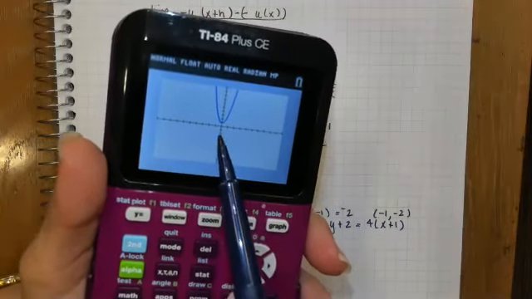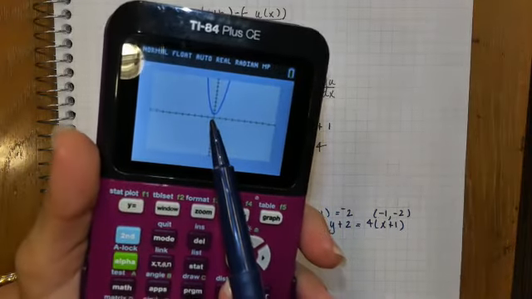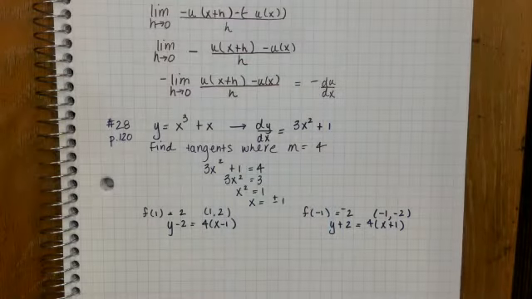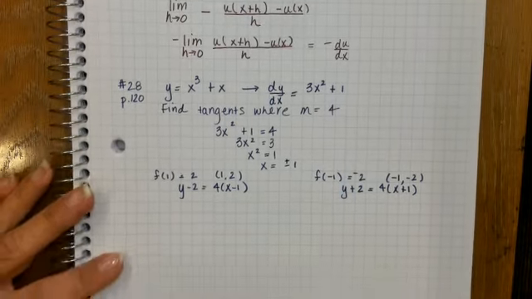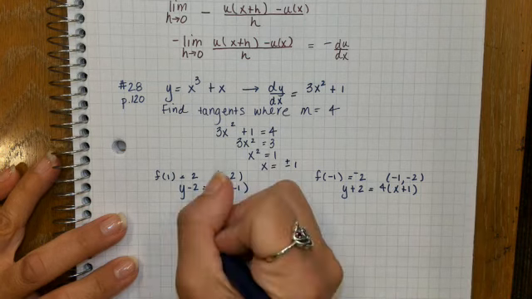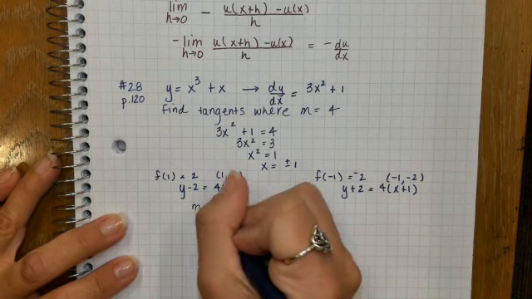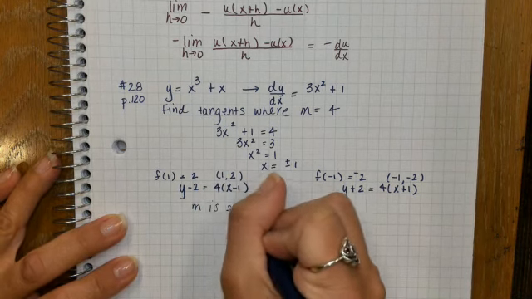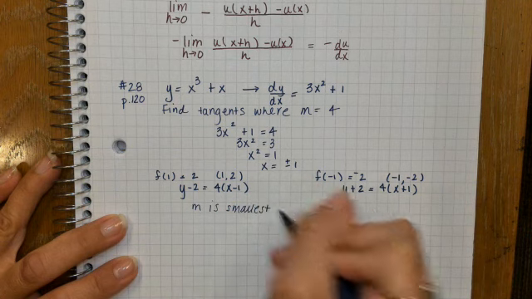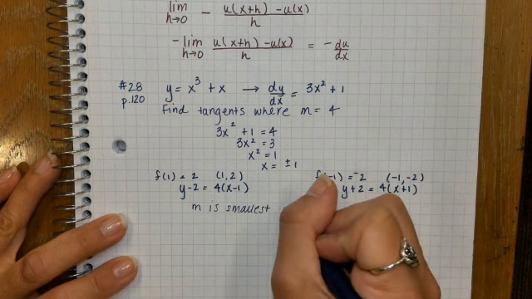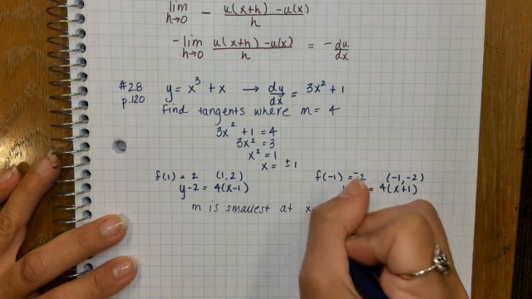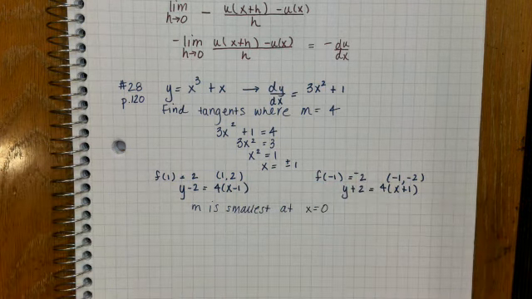And the slope is going to be the smallest at the vertex of this parabola. So the vertex of this parabola, actually, you didn't even need your calculator for it now that I think about it. So m is smallest at x equals 0. That's section 3.3.